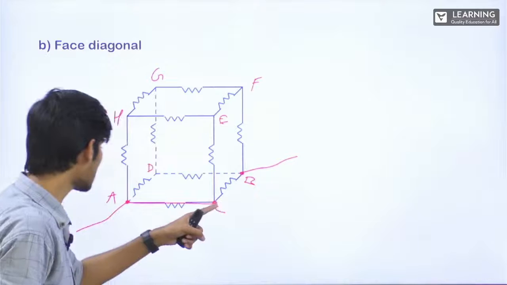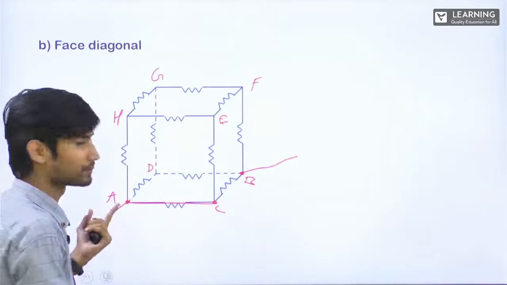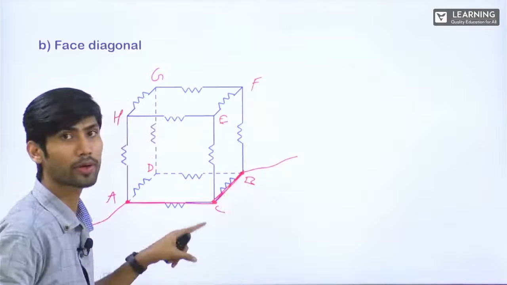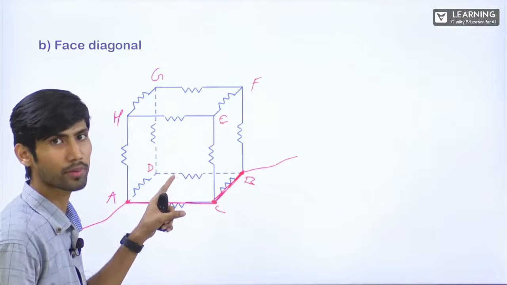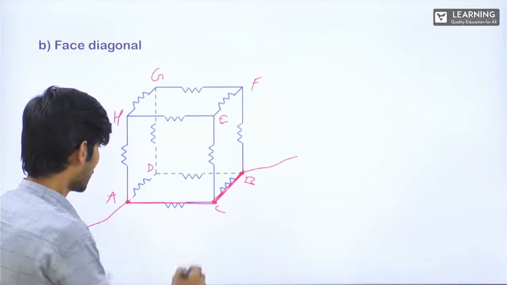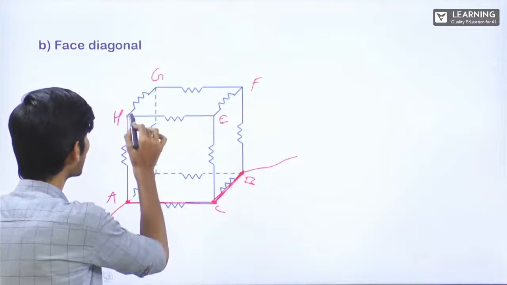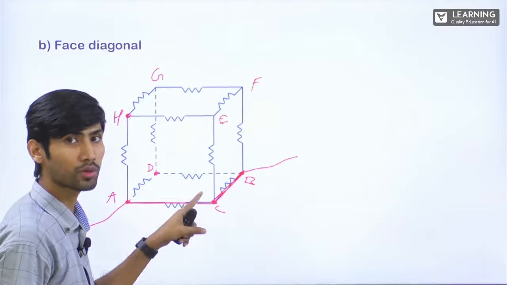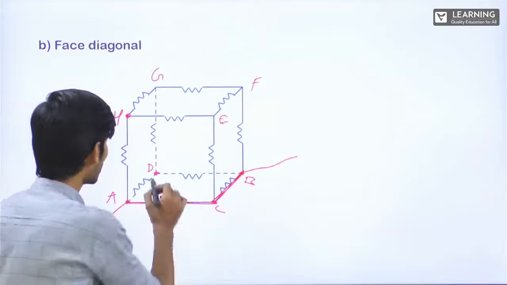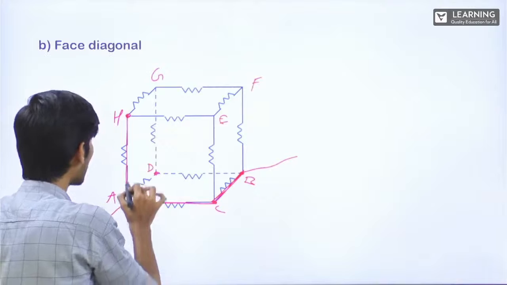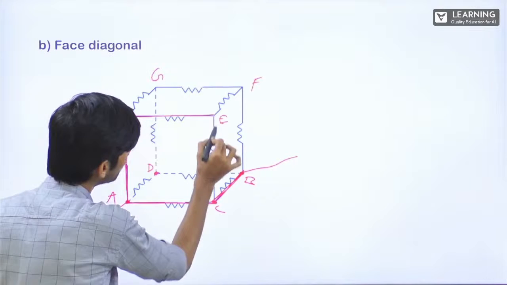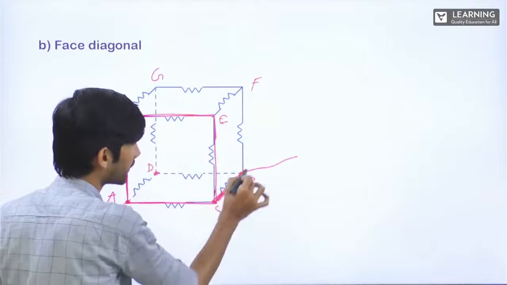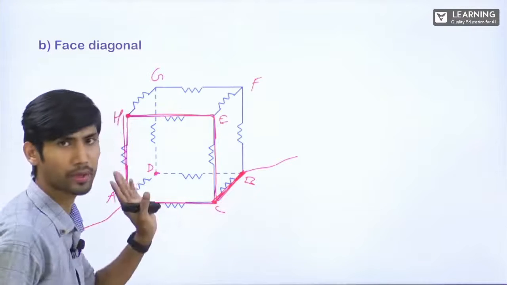From here, the distance till A is 1 rod and till B is 1 rod. I need to find another point which is having 1 rod distance from A and 1 rod distance from B. Okay, 1 rod distance from A means these 2 points are there. For equipotential with C, it has to have 1 rod with B also. So if I see this point, this is 1 rod from A, but to reach B, it has to go 3 rods. So this and this cannot be equipotential.